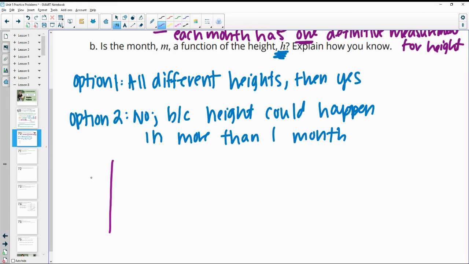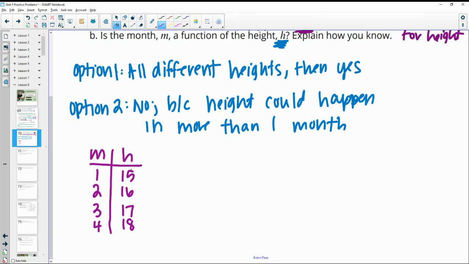So if we were to look at this as month versus height. In January, the height is 15. In February, the height is 16. In March, the height is 17. In April, the height is 18, or whatever we want to say. And you could continue on like that with different values, right?